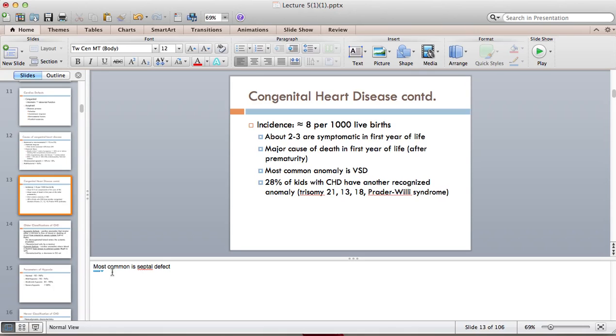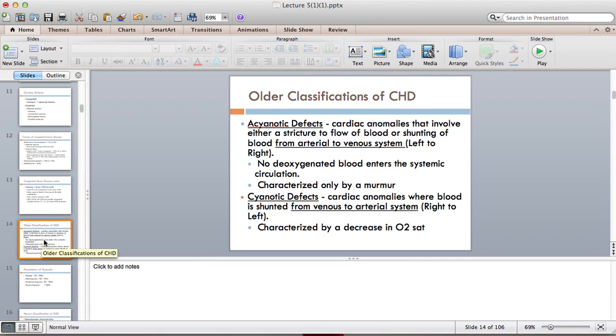So, for the congenital heart defects, we have classifications of them. Initially, the American Cardiology Association was defining it per the oxygenation of the blood that goes through the body.